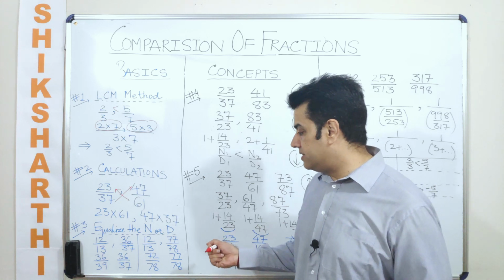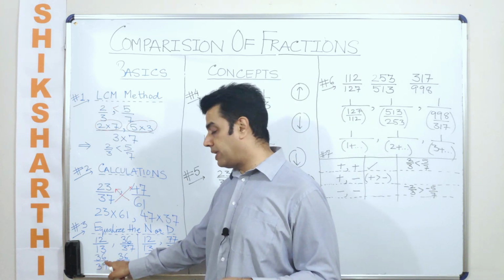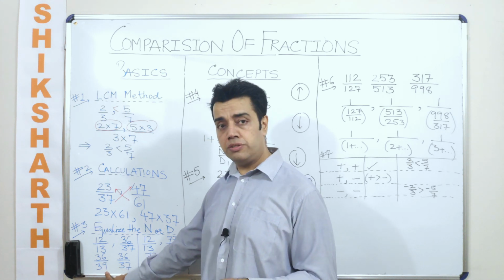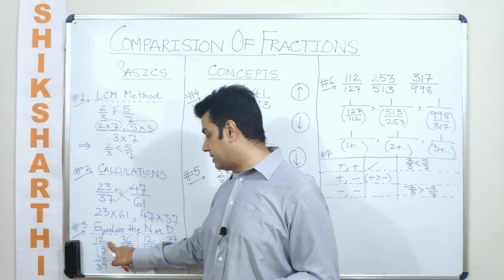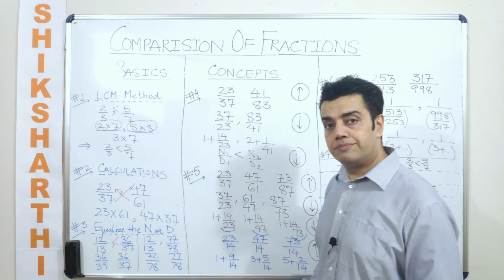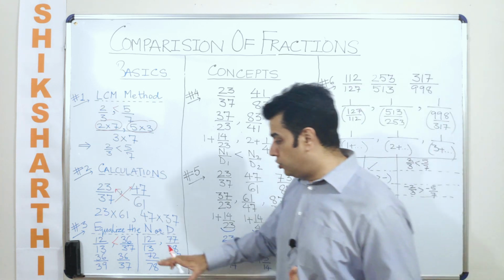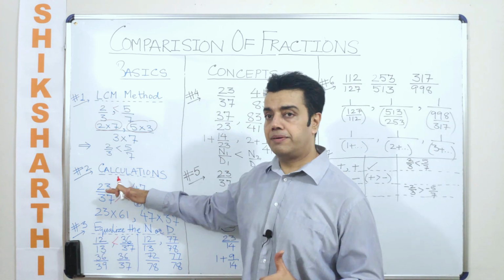Right? So in this case, once their numerators have been equalized, which fraction has a greater denominator? This fraction. So this fraction originally becomes the smaller one. I hope you understood.